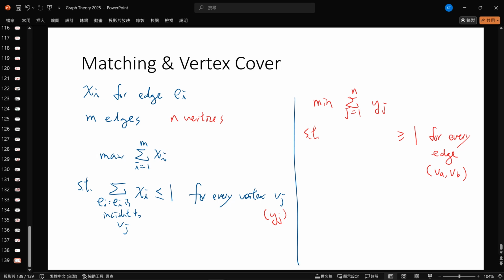So for every edge, there's a corresponding constraint saying that the coefficient should be at least 1.